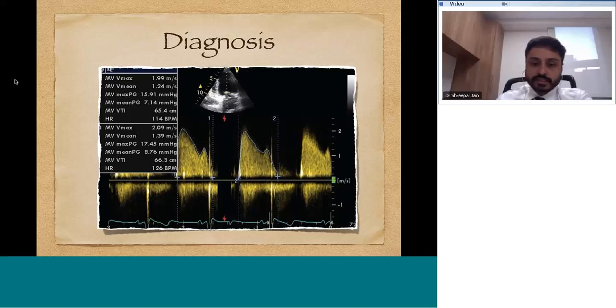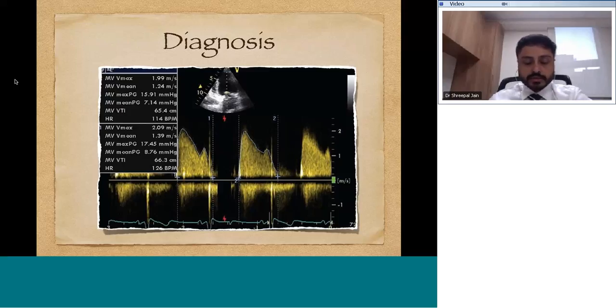You could very well see a supramitral membrane or a hypoplastic mitral annulus or a parachute mitral valve, arcade, absent or hypoplastic papillary muscles. Color flow mapping will help you in deciding the level of mitral stenosis and also for assessing if there is any associated mitral regurgitation.